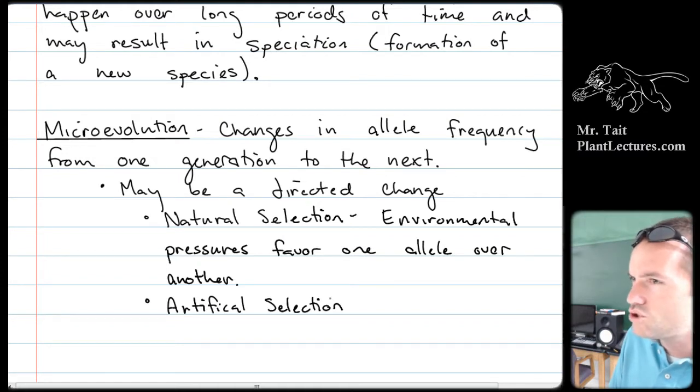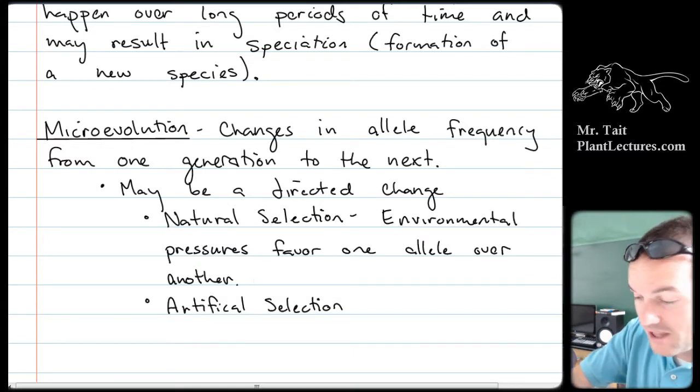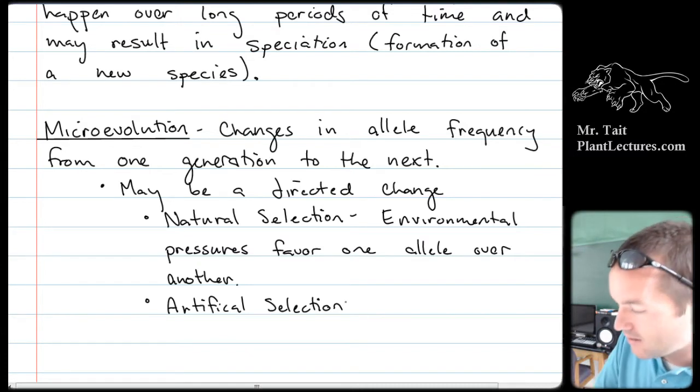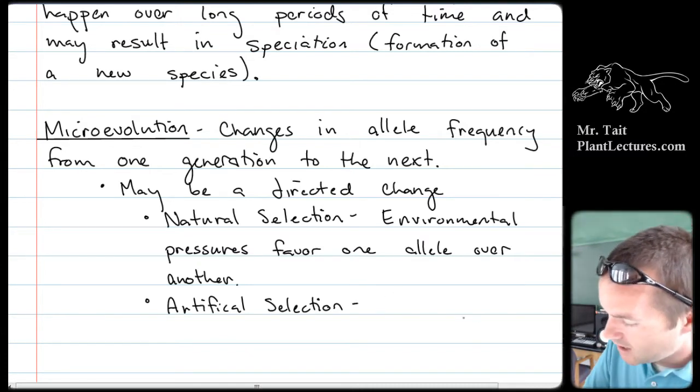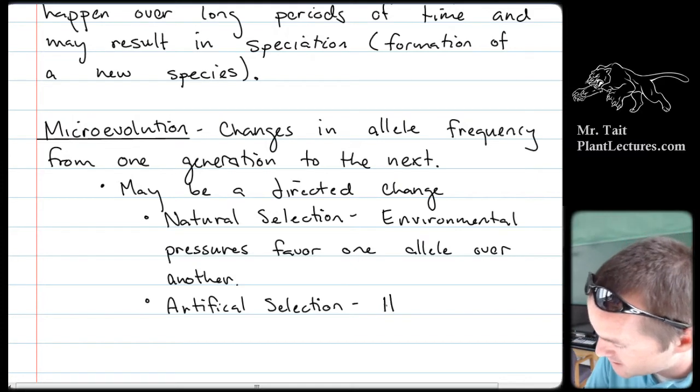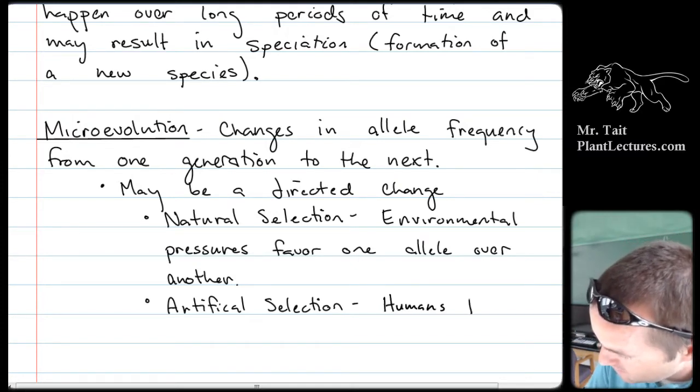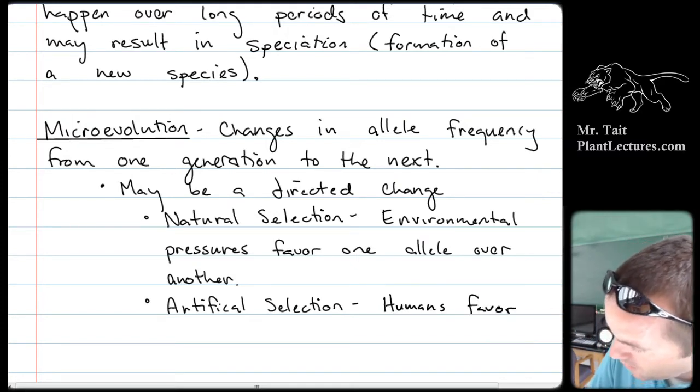Yeah, like who's doing the directing there? What is doing the directing? Other organisms? Specifically, what other organism? Humans. Humans, yeah. Okay, so in this case, this is humans, favoring one allele over another.